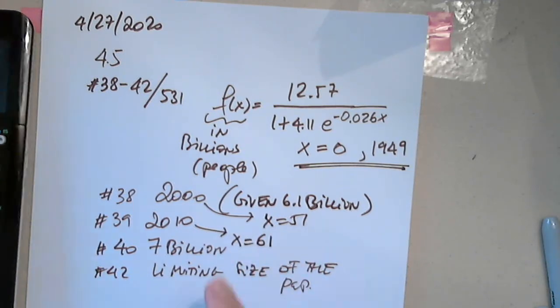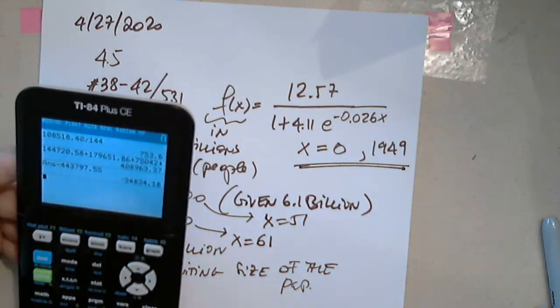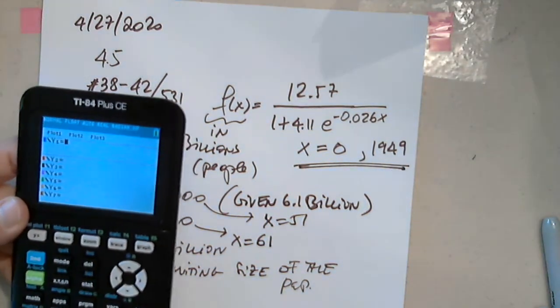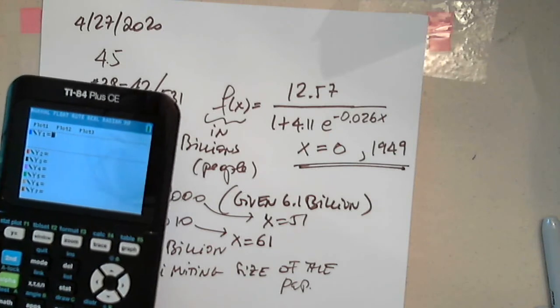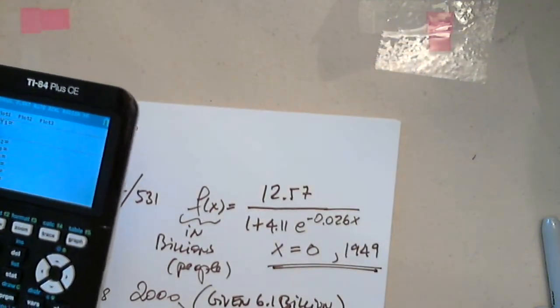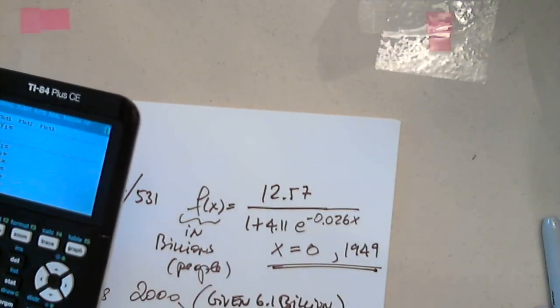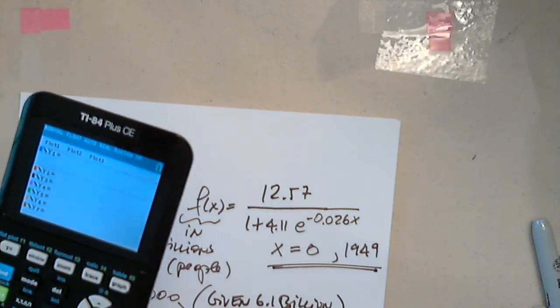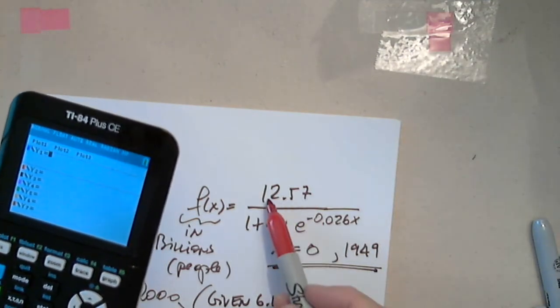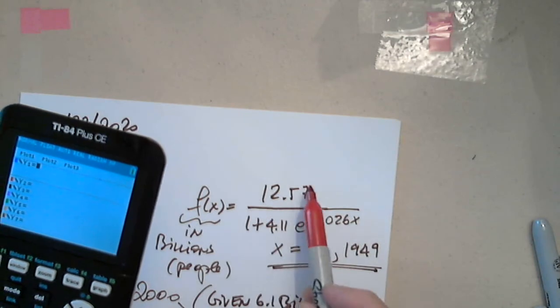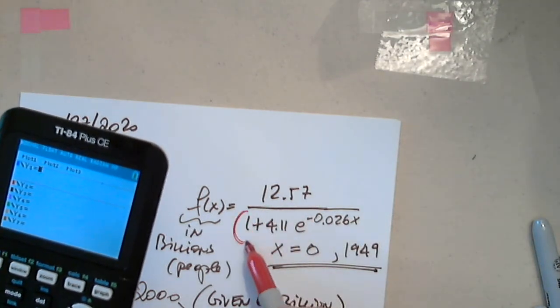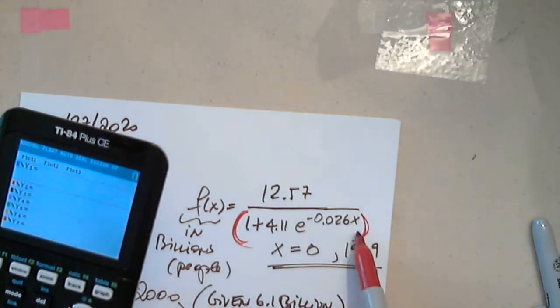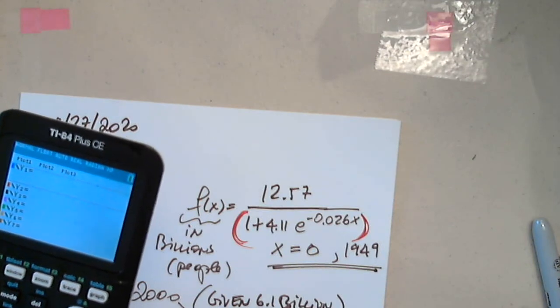So in the graphing calculator, I want to put this function in y equals. It's the easiest thing to plug in everything and then put in 51 and 61. Don't forget, since this is just one term, it's okay not to put parentheses around it, but here in the graphing calculator, we have to put parentheses.